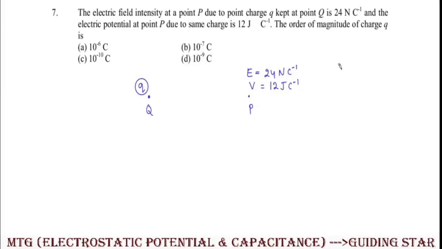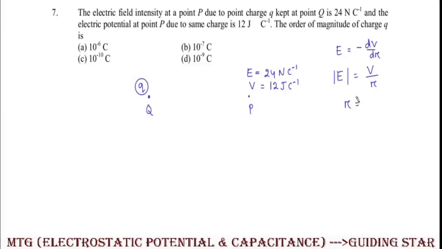So the relationship between field and potential, we know that E, magnitude of electric field, is nothing but V by R. Generally, the relationship between E and V is that E equal to minus dV by dr. That means electric field is in the direction of decreasing potential, or it is in the negative gradient of potential. So magnitude wise, the relationship between E and V is E equal to V by R in general sense.